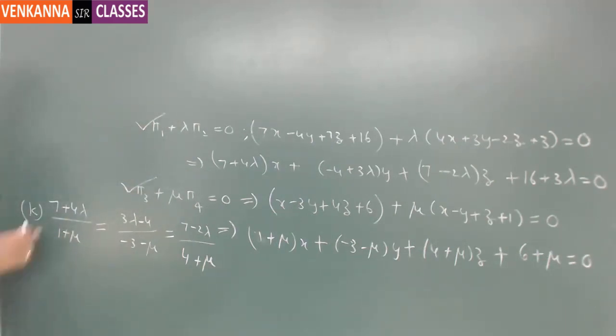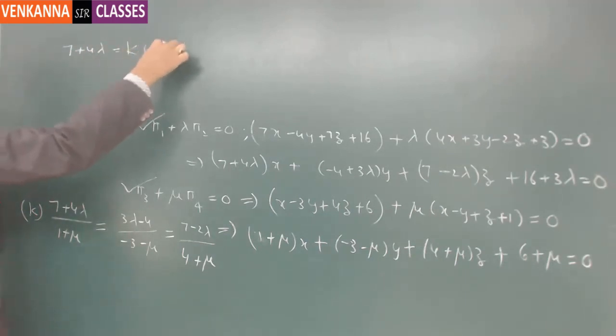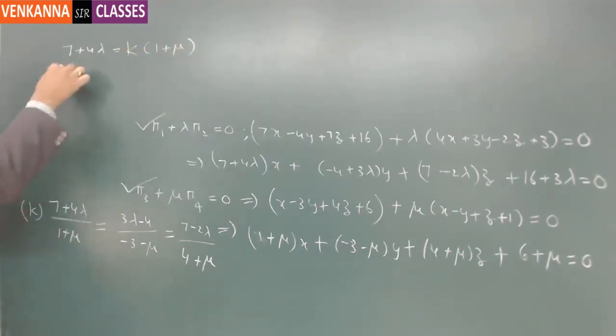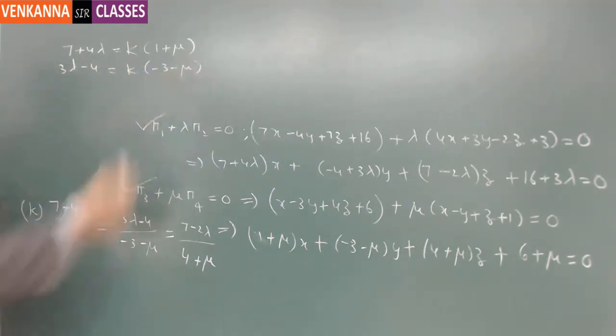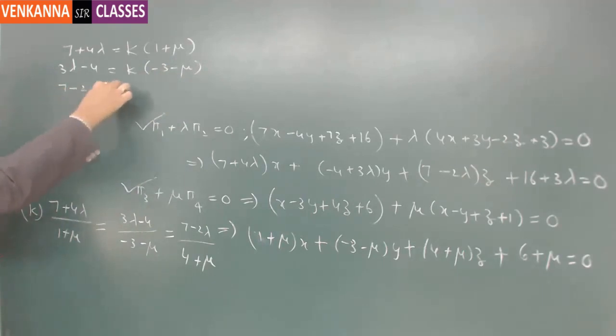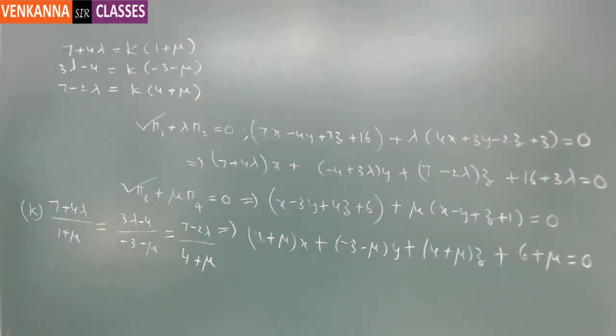So taking the proportionality constant, you have 7 + 4λ = k(1 + μ), 3λ − 4 = k(−3 − μ), 7 − 2λ = k(4 + μ). Now if you simplify the equations, you will get 3 variables: λ, μ and the product μk.